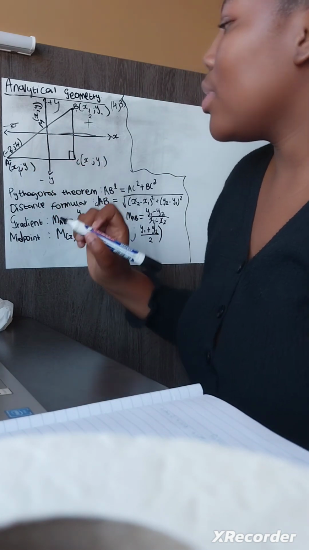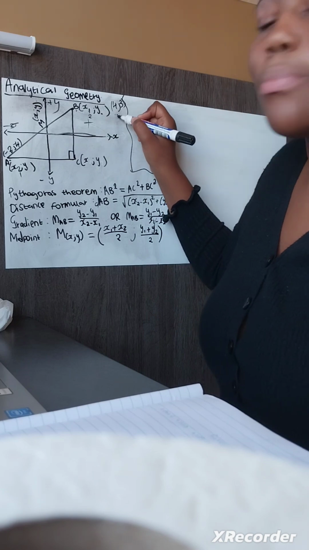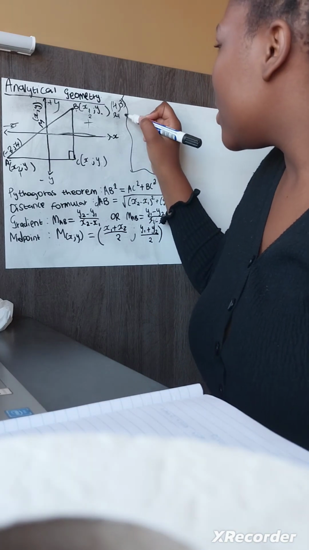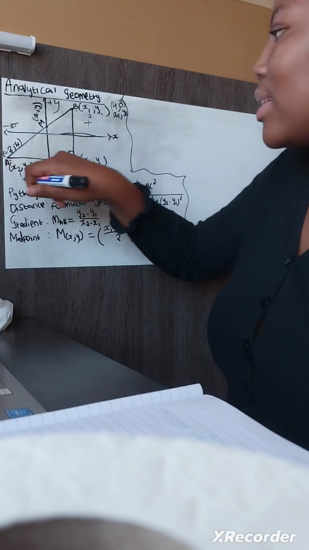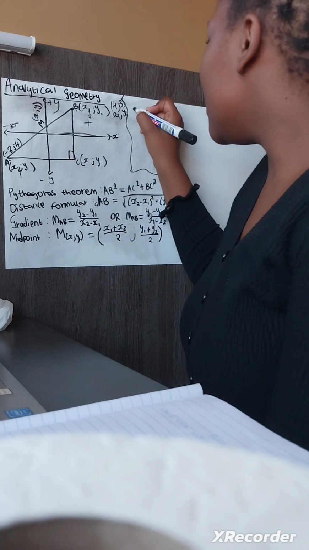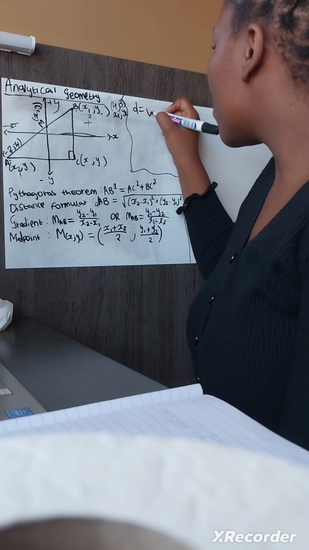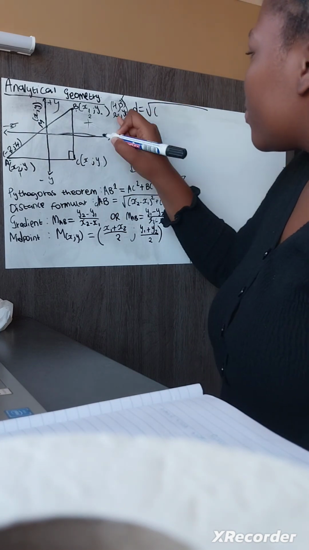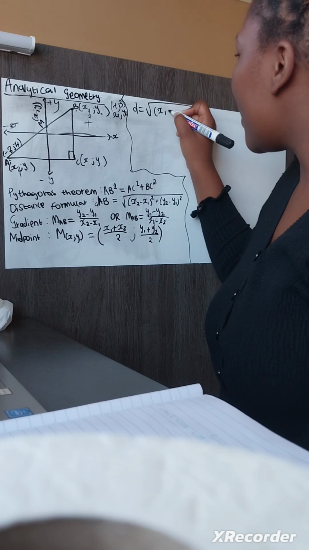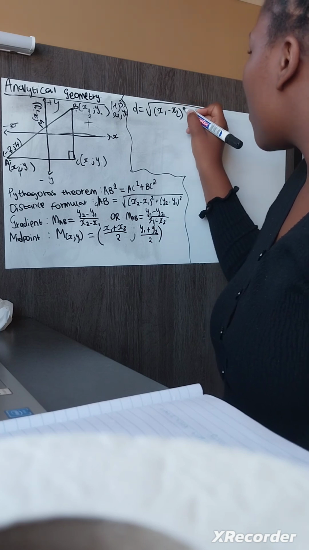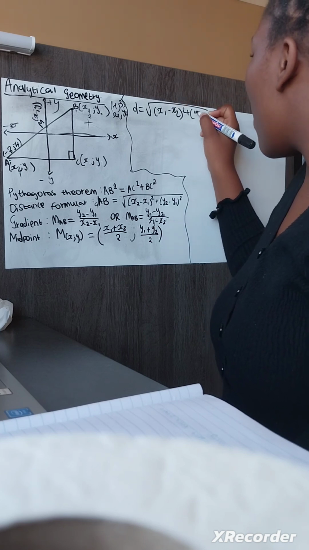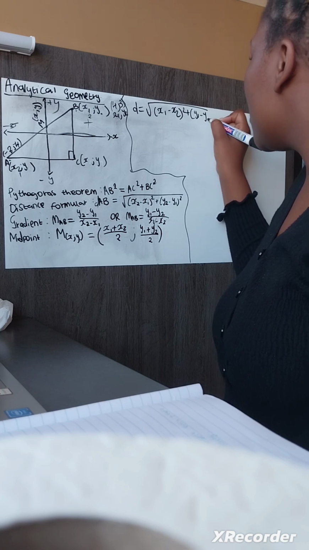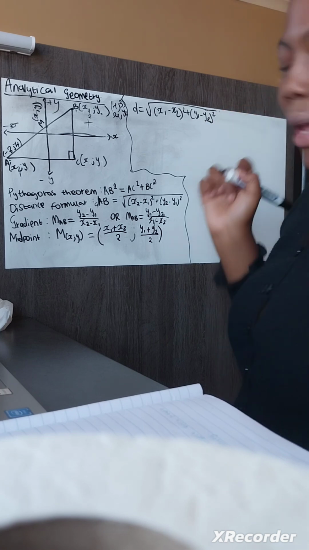So if I take this one as my x1 and this one is my x2, to find the distance of these two, I will have d is equal to the square root of x1 minus x2 squared plus y1 minus y2 squared, right?